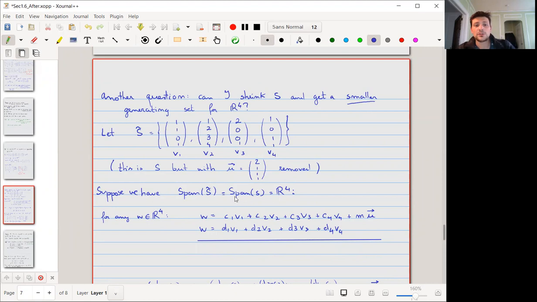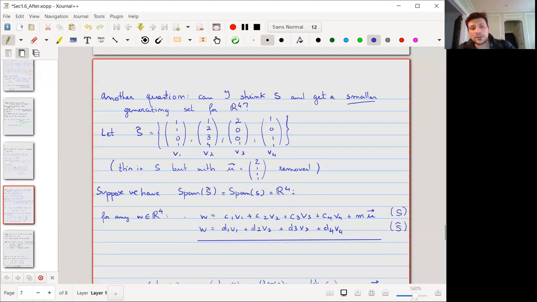If we know that these 2 spans are the same, then it means that for every vector W in R4, I can write W as a linear combination of elements of S. S is the set whose vectors are V1, V2, V3, V4, and U. And also as a linear combination of elements of S twiddle, using just V1, V2, V3, and V4. That's our assumption, that the span of S twiddle is the same as the span of S, and it's the same as the whole R4.